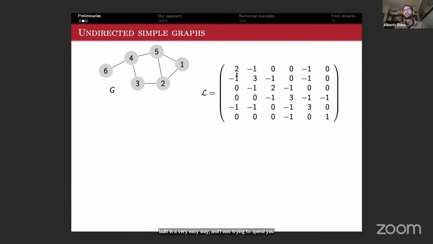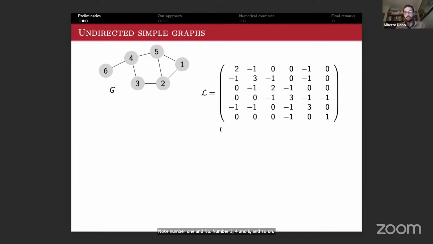If we match the columns of the matrix with the nodes in the graph and look at the first row, this number 2 means that we have 2 connections, node number 5 and node number 2, with node number 1. The second and the fifth entries are -1 because an edge leads from node number 1 to node number 2 and node number 5. The rest of the entries are null because there are no connections between node number 1 and nodes 3, 4, and 6, and so on.